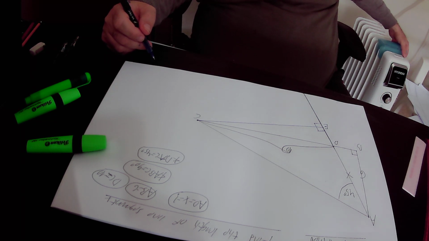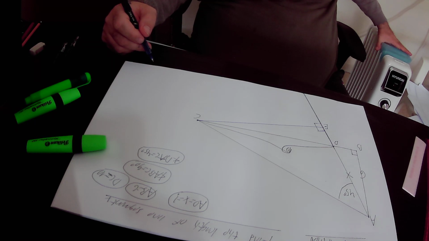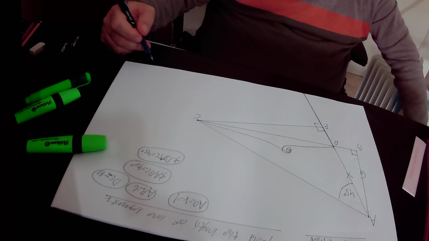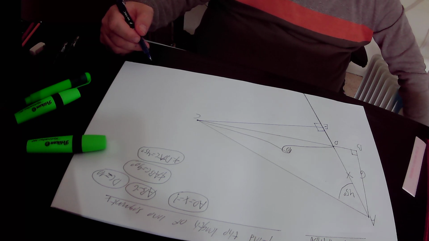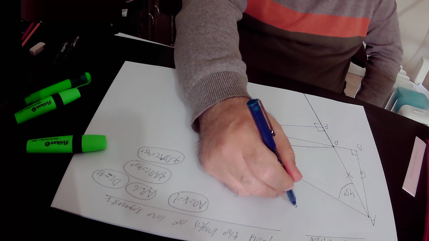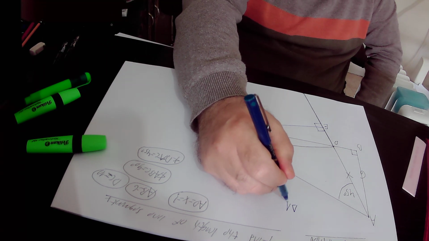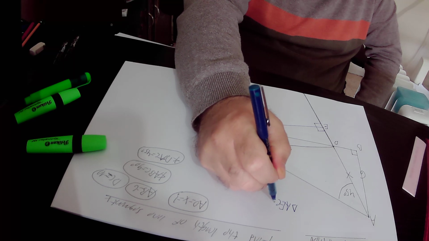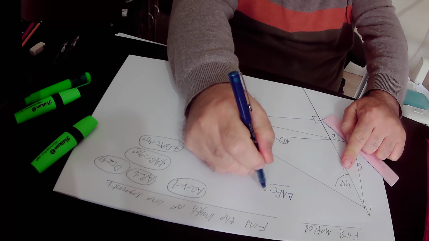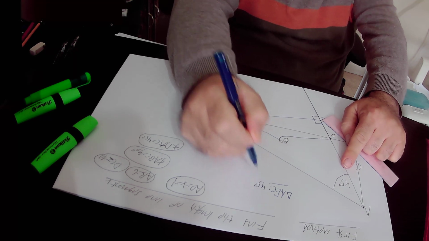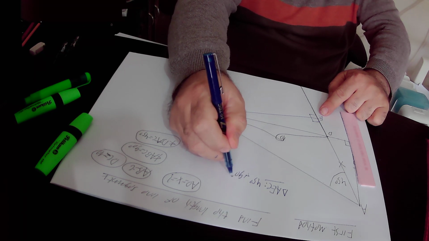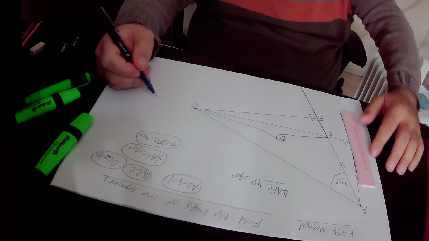In this right triangle, we know that the sum of the angles must be equal to 180 degrees. So in the right triangle AEC, we have one angle equal to 45 degrees, this angle equal to 90 degrees, a right angle, plus angle ACE.